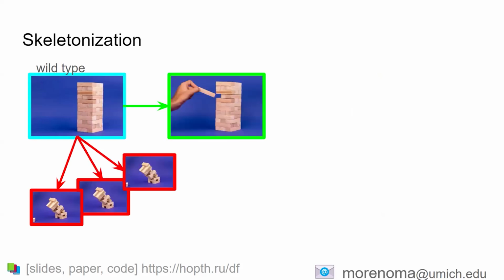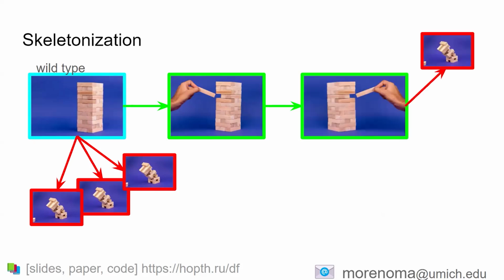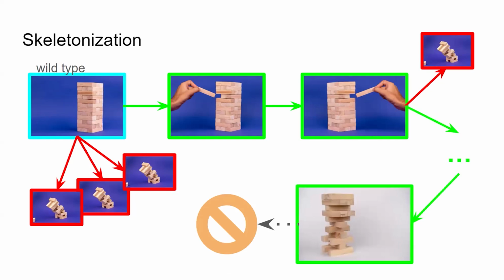And once we detect a site that we can remove from the wild type genome without causing a detectable fitness effect, then we continue doing knockouts on that genome. And basically, just like playing a game of Jenga, we pull blocks out of the tower until we reach a minimal configuration where there's no blocks left that we can pull out without having a detectable fitness effect.